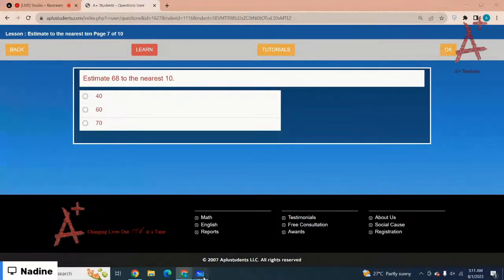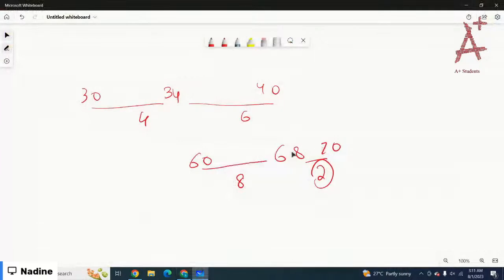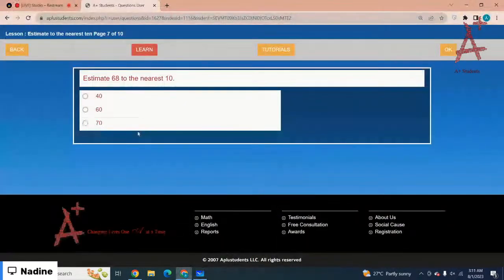You can see here, already written on the board. 68 is 8 numbers away from 60 and just 2 away from 70. So, which is the correct option? The correct option is 70 because it is just 2 away from 70.